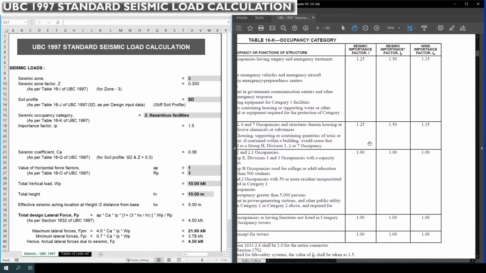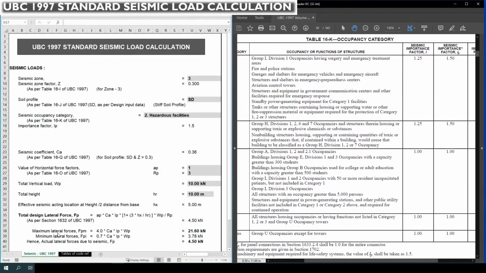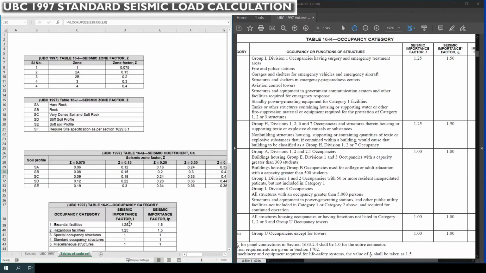Similarly, in the next column, if you see, seismic importance factor I and seismic importance factor IP are provided corresponding to the seismic occupancy category. This table is also listed in the right hand side tab of the Excel sheet.